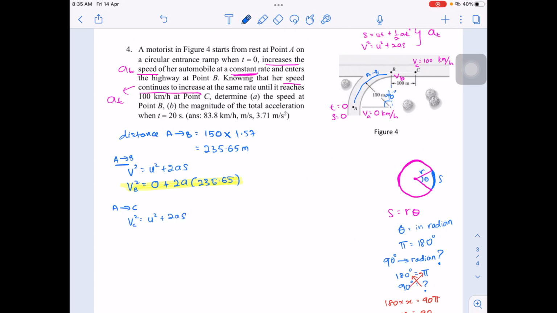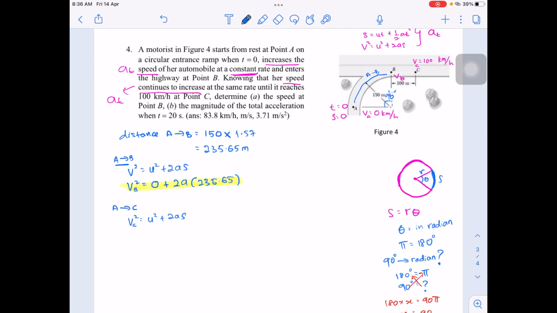Perlu ke tukar? Untuk selamat ni boleh tukar. 100 tu tukar kepada meter per saat lah, sebab V and U, A in meter.